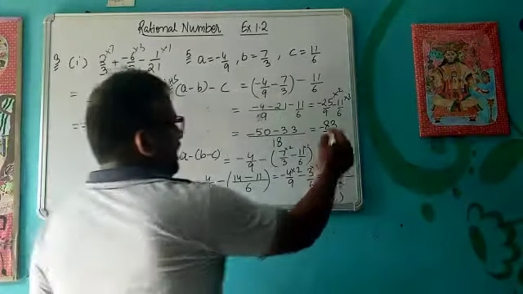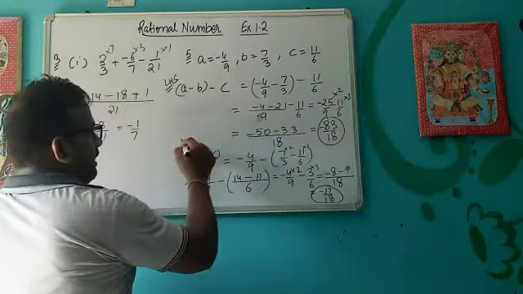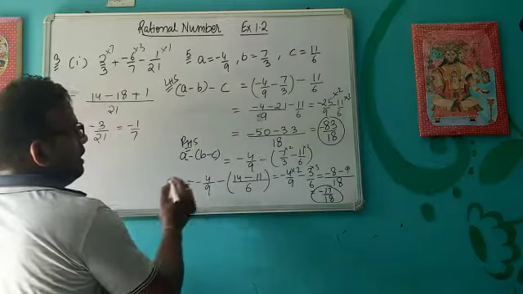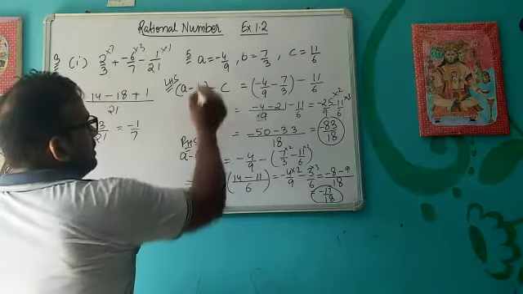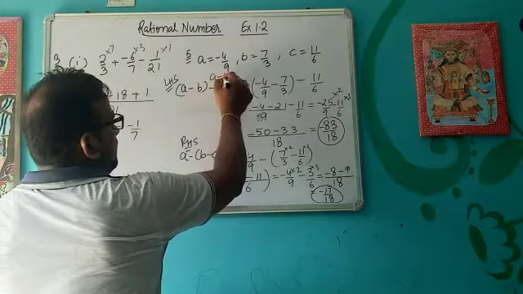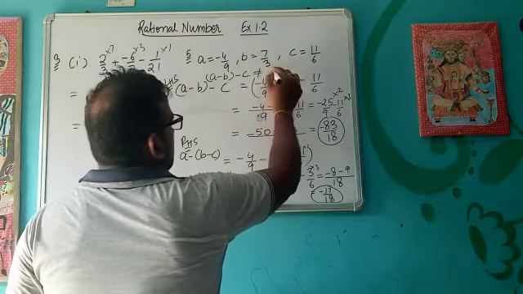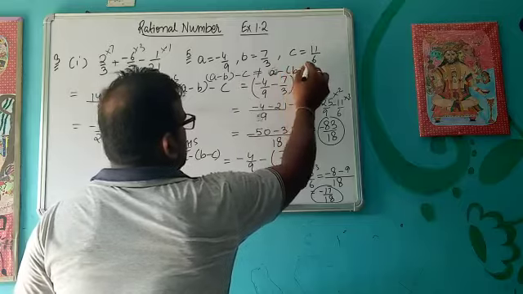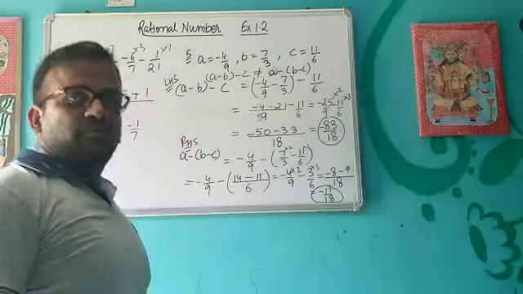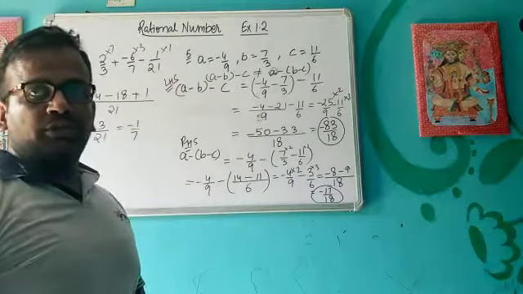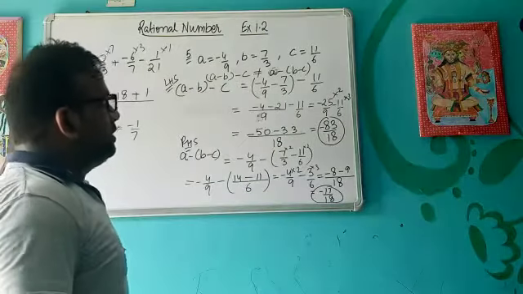So this was my LHS and this was my RHS, and it is very clear they are not equal to each other. So we can say that (A minus B) minus C is not equal to A minus (B minus C). And which property have we just proved does not exist for subtraction? Associative property. So the associative property never exists for subtraction.